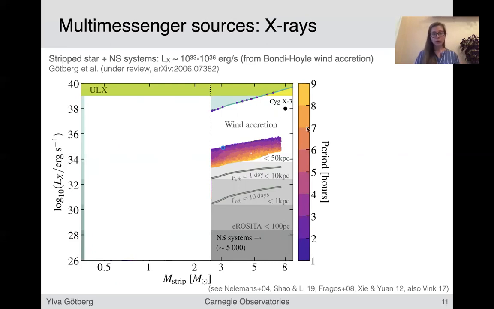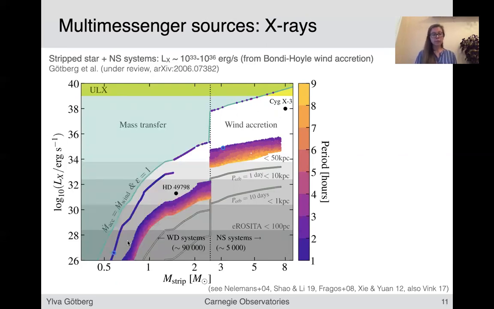And you can see first here the neutron star stripped star systems, and they have X-ray luminosities between like 10^33 to 10^36 ergs per second. And in the white dwarf systems, their luminosities are a little bit lower, and most of them will probably be undetectable in the X-rays unless they are accreting.